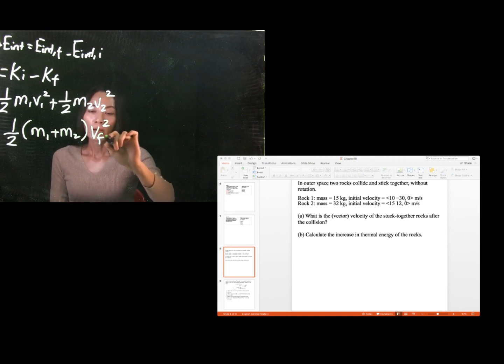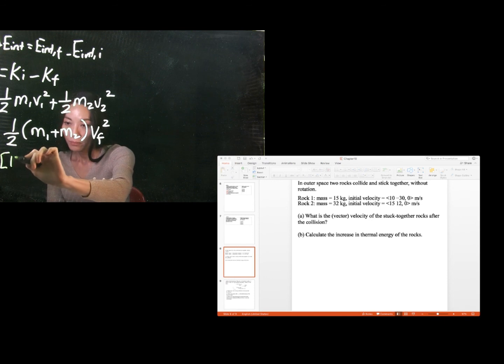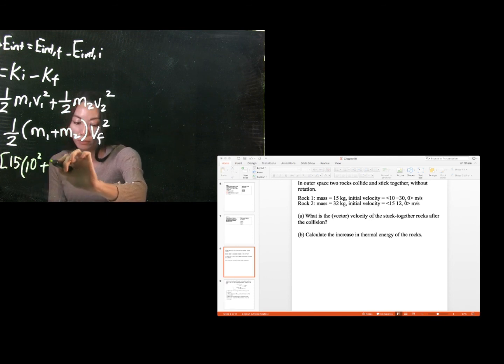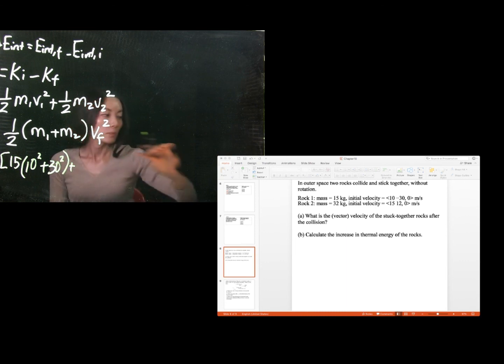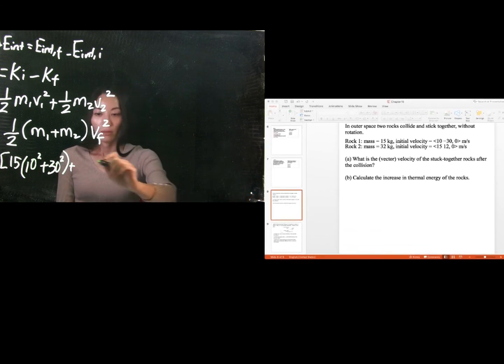with the square of the final velocity. So if we plug all these values in, we have one half, and these are vectors, right?